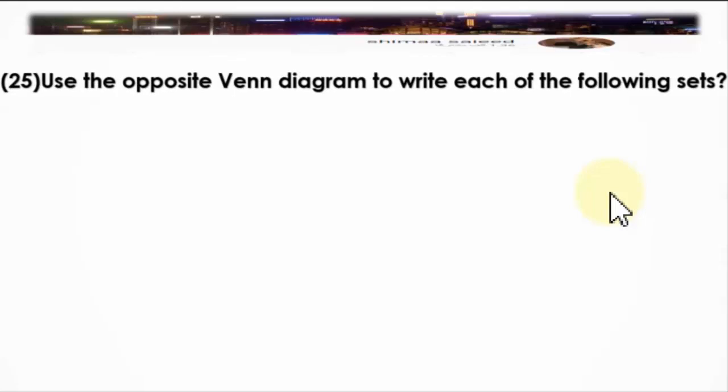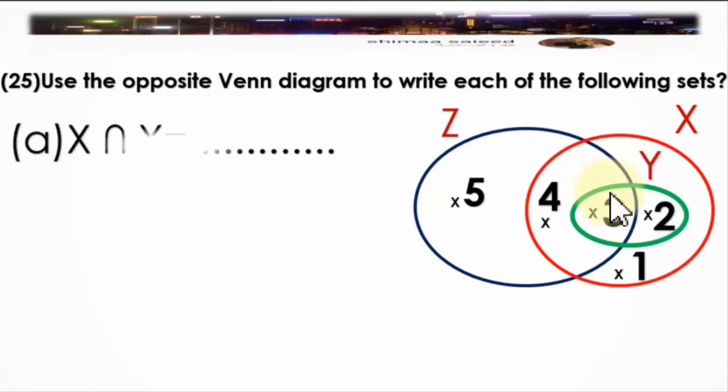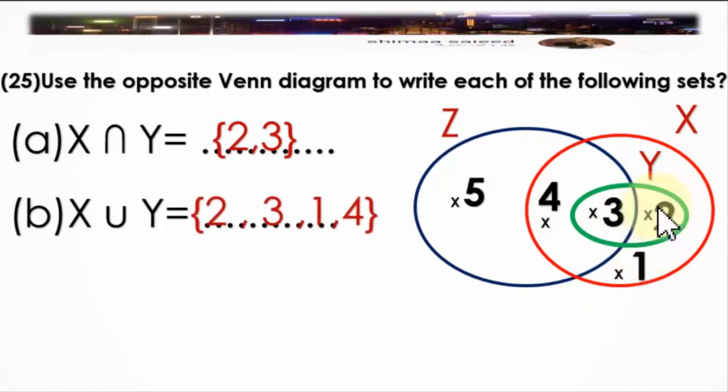Use the opposite Venn diagram to write each of the following sets. X intersect Y. X intersect Y, the common elements between X and Y, which is the set of 2 and 3. What about X union Y? X union Y, write all the elements inside X and Y, the set of 1, 2, 3, and 4.